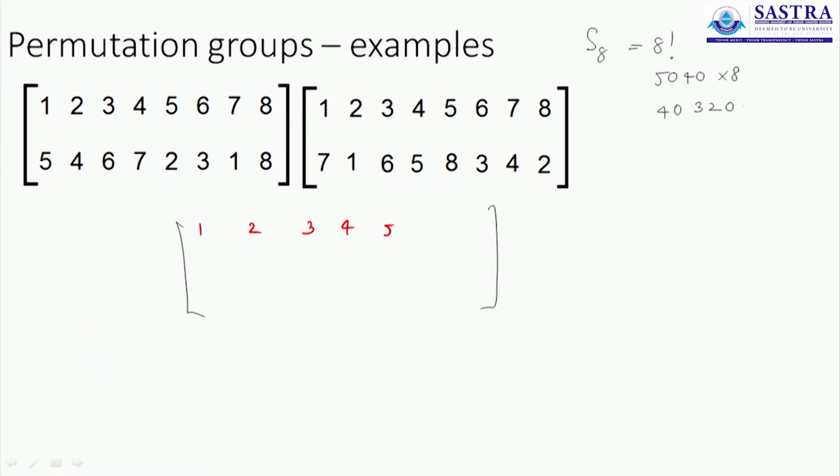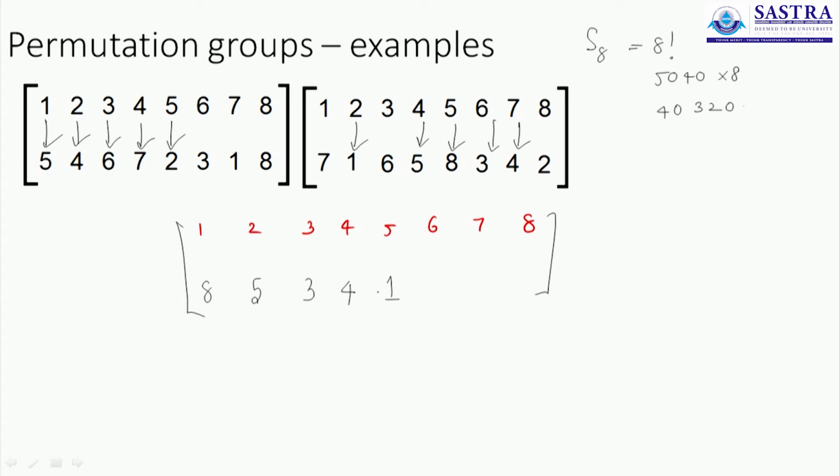So the element is again going to be of this form. 1 to 5, 5 to 8, so 1 is mapped to 8. 2 to 4, 4 to 5, so 2 is mapped to 5. 3 to 6, 6 to 3, so 3 is mapped to 3 again. 4 to 7, 7 to 4, so 4 is 4 again. 5 to 2, 2 to 1, so 5 is mapped to 1. 6 to 3, 3 to 6, so 6 goes to 6 again. 7 to 1, 1 to 7, so 7 is going to 7 again. 8 to 8 and 8 to 2, so 8 goes to 2.